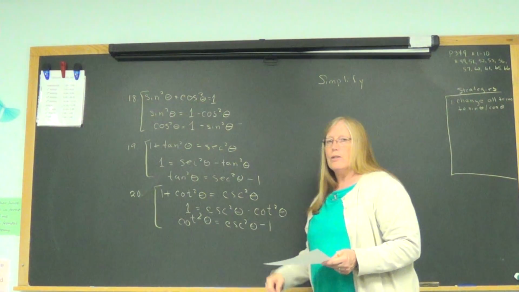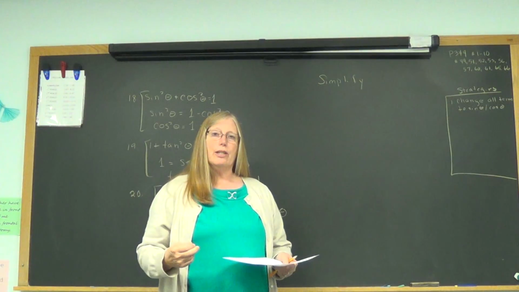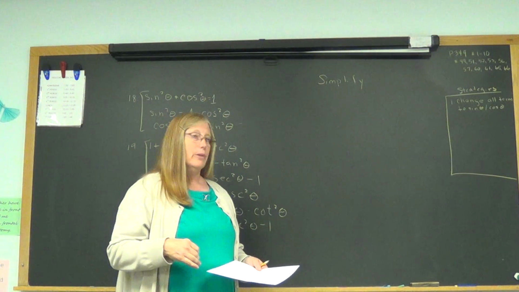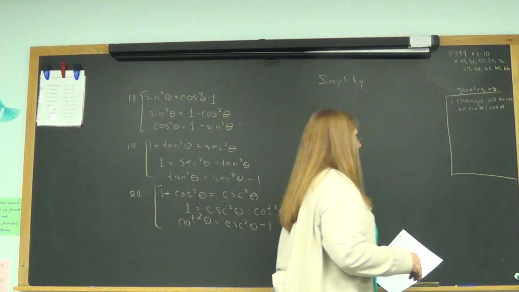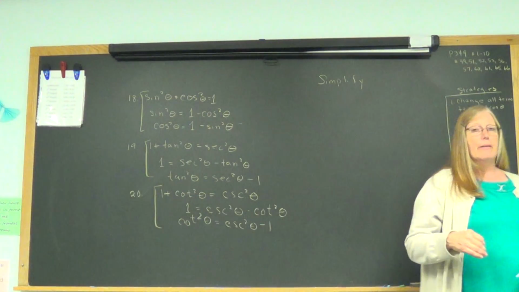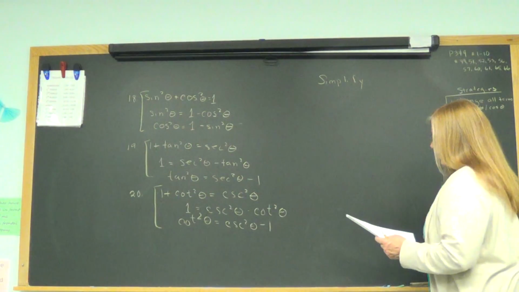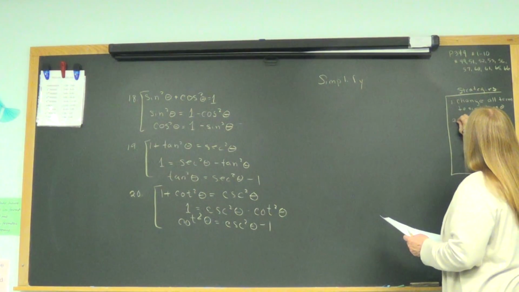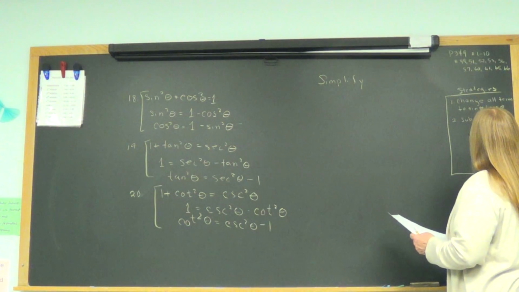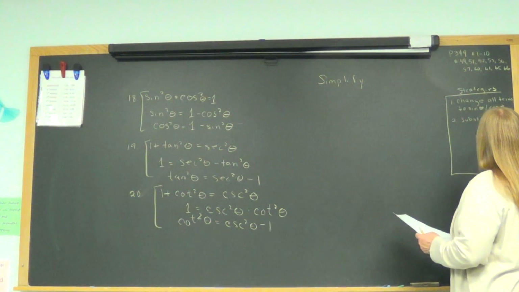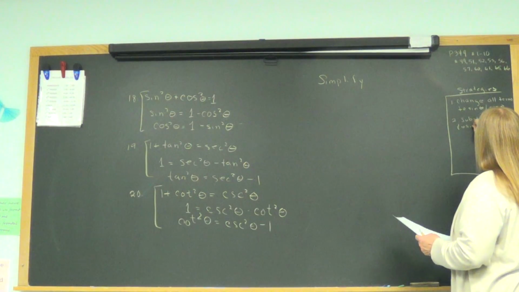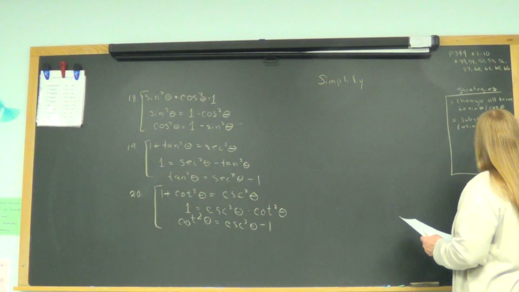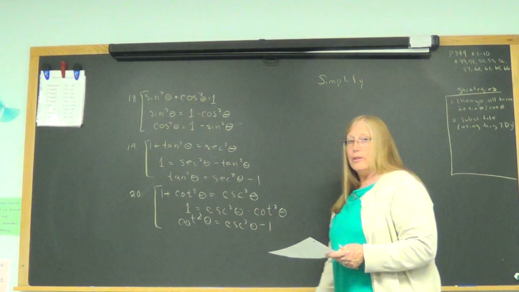If you have a term in there that's secant, you want to change it and have cosine in it. So you would change secant to 1 over cosine. It's the reciprocal function. So every term, make it in terms of sine or cosine. The second strategy is substitution using trig IDs. That's a big one, and that's why we actually learn these.